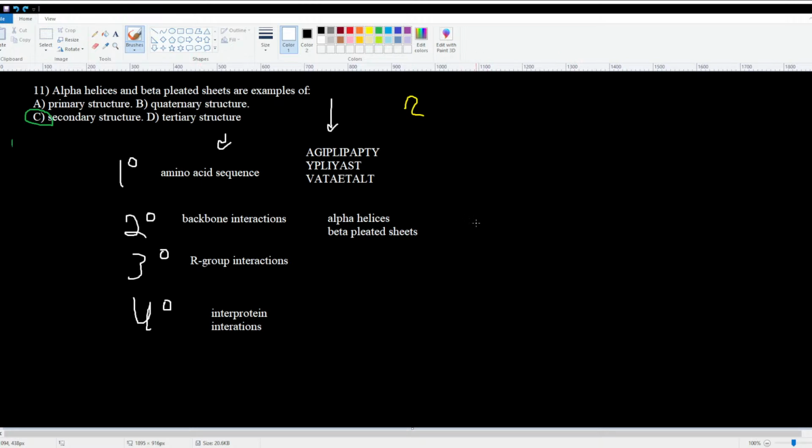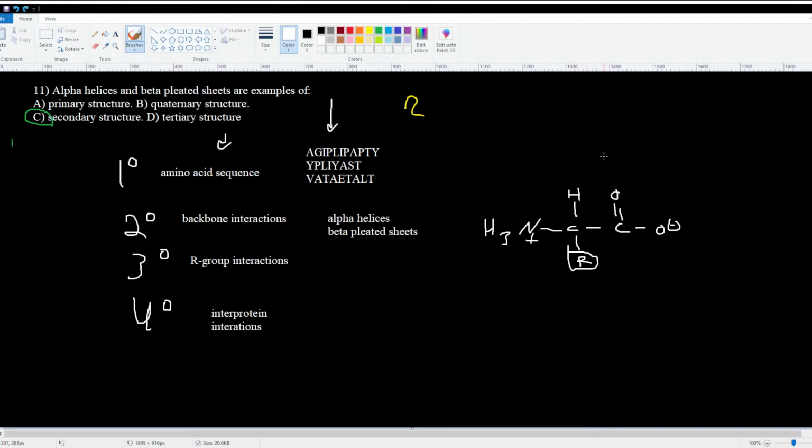So going back to the amino acid backbone, right?